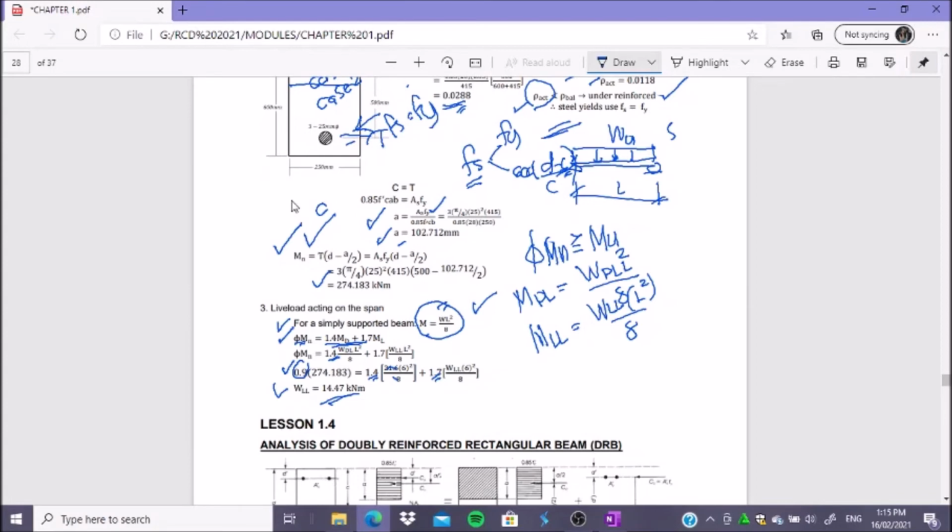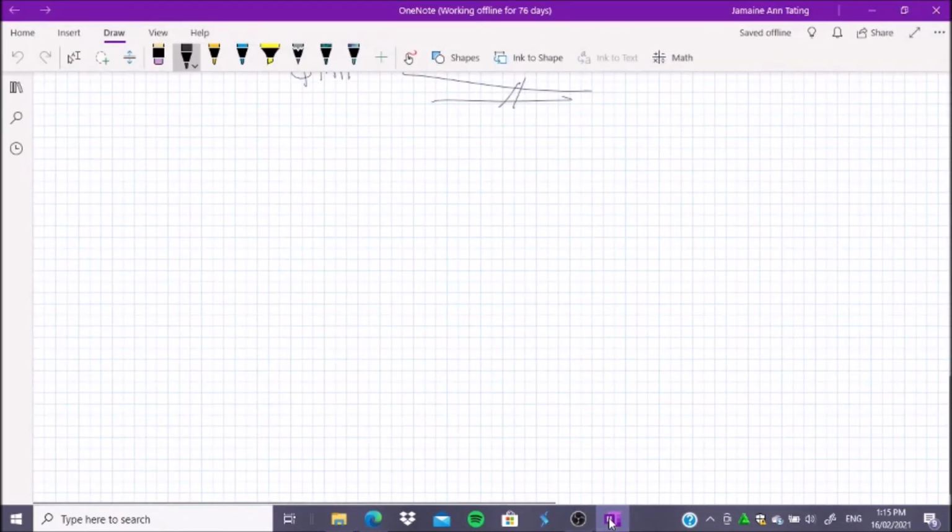so for a simple beam, you need to know our maximum moment.